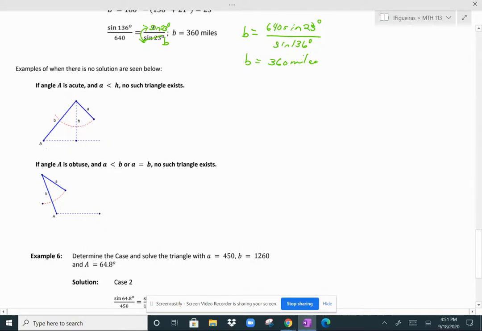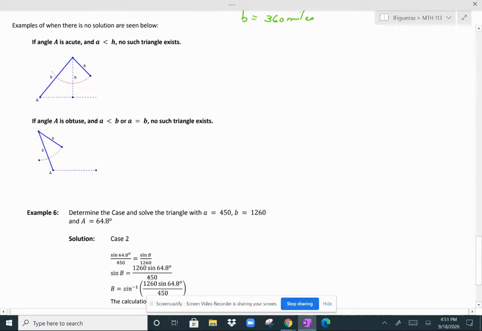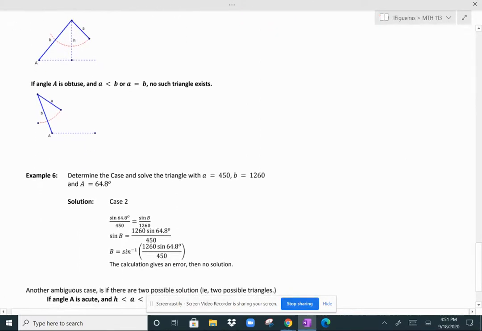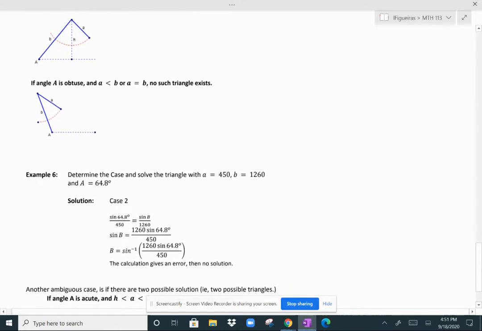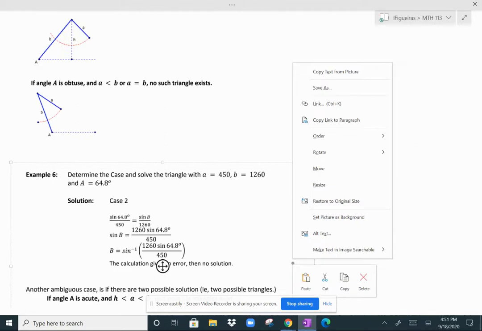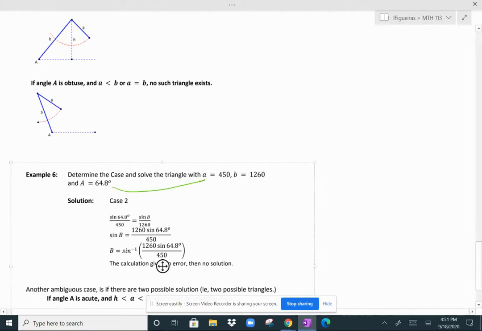Then we have here another example. We want to determine the case and solve the triangle with a equal to 450, b equal to 1,260, and angle A is 64.8 degrees. So this is case 2 because I have two sides and the angle opposite of side a.